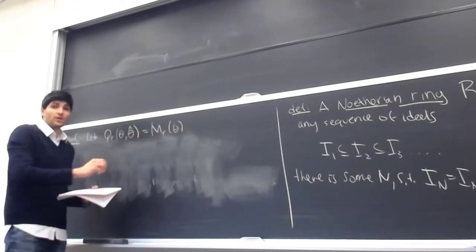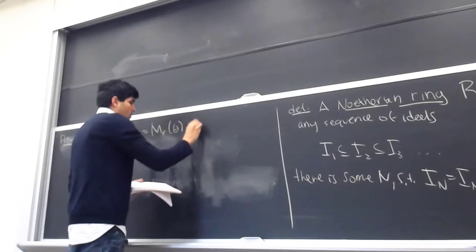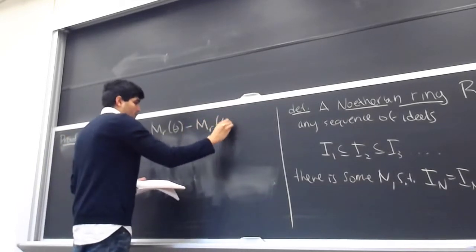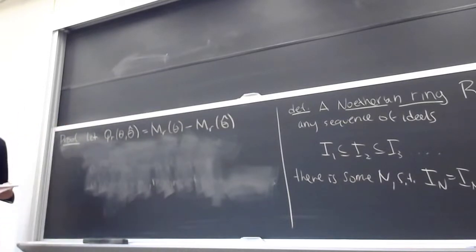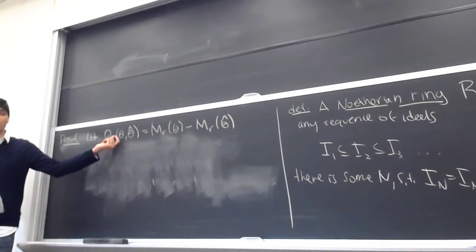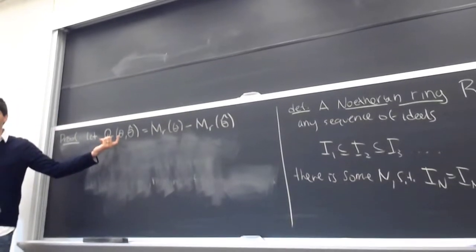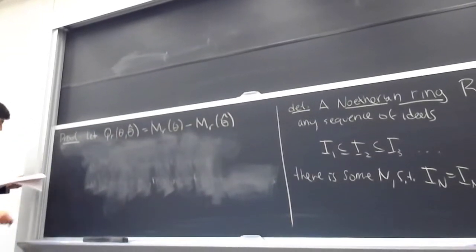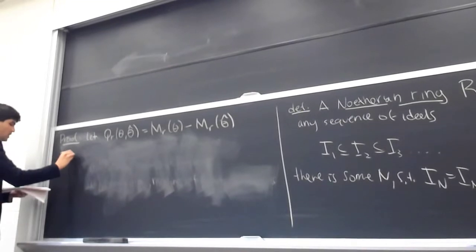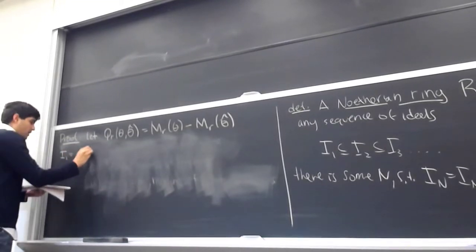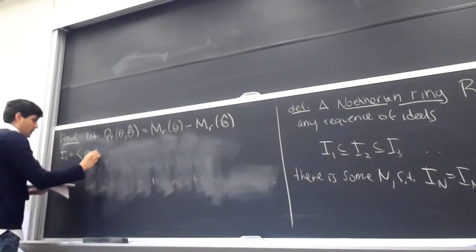That itself is some polynomial in the underlying parameters. And I'm going to subtract M_r of theta hat. So if I started off with k variables, I'm now going to have 2k variables. That's the one trick. Now what I can do is define a sequence of ideals. I'm going to let I_1 be generated by Q_1.